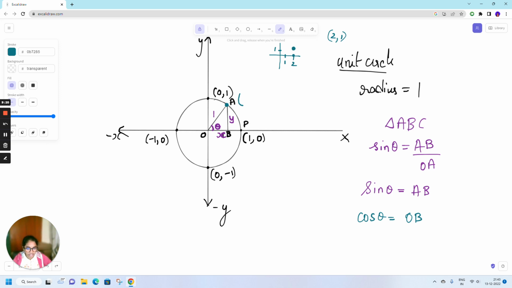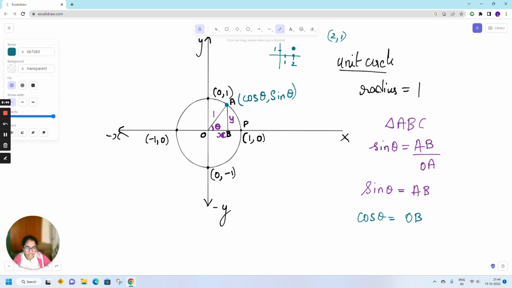Here we have this distance as x. Let me write the point as (x, y). What are the values of x and y now? The value of x, that is OB, is cos theta, and the value of AB is sine theta.